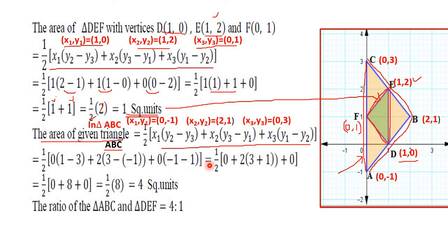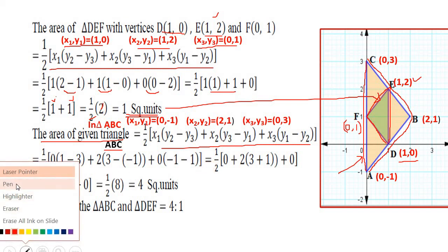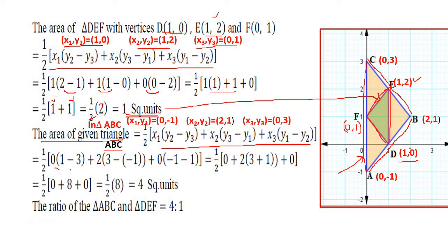So this can be written as 0 into (1 minus 3), which is 0. Then here we can multiply, minus into minus is plus, 3 plus 1 is 4. So we can write 2 into (3 plus 1).